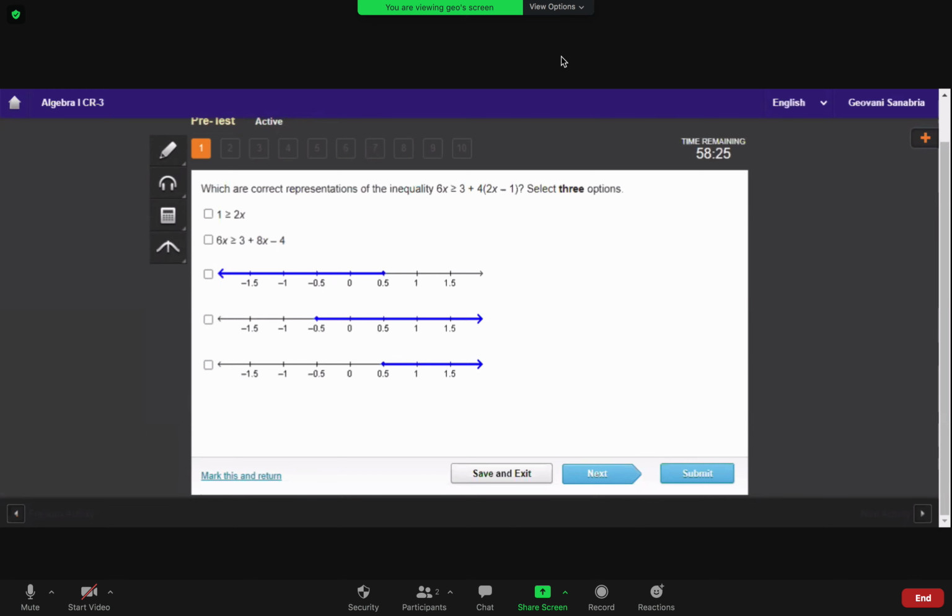And then negative 4. So the whole thing, what would it be when you write down the rest of it? 6x greater than or equal to 3 plus 8x, minus 4.